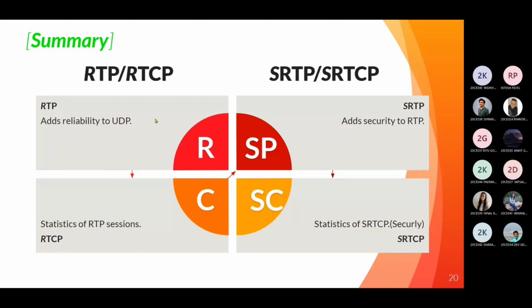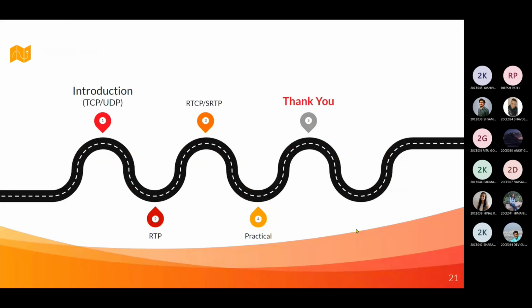Then we don't have security in this, so we moved to SRTP, which adds security to RTP and works the same way, just with additional security. Similarly, there is SRTCP, which is a sister protocol of SRTP, which gives statistics of SRTP, but in a secure way. Okay, so I'm going to show you the practical now.